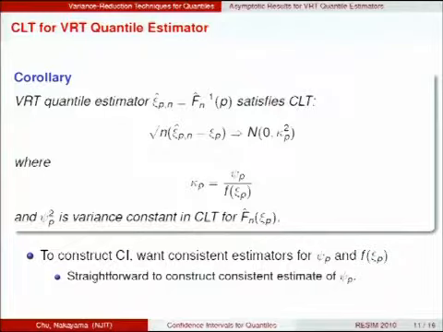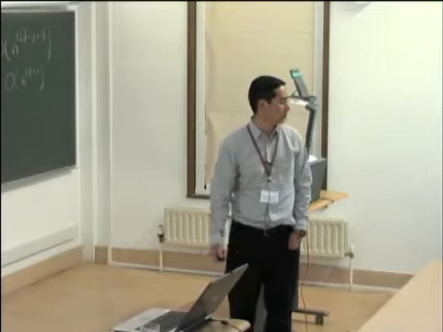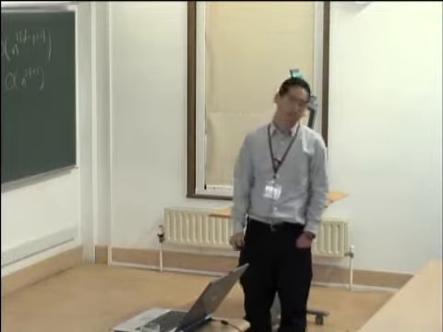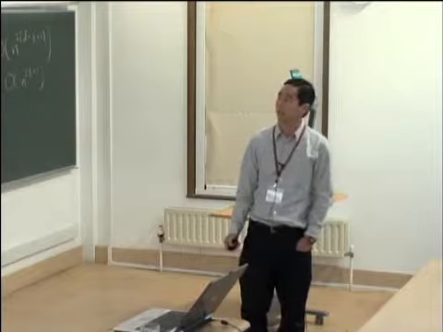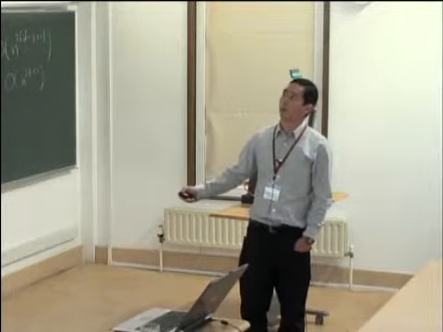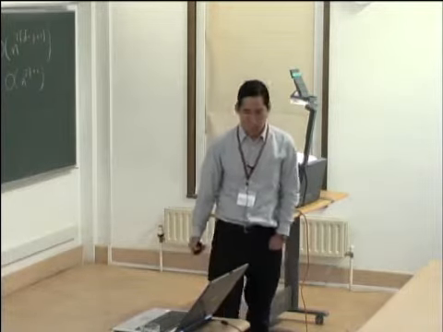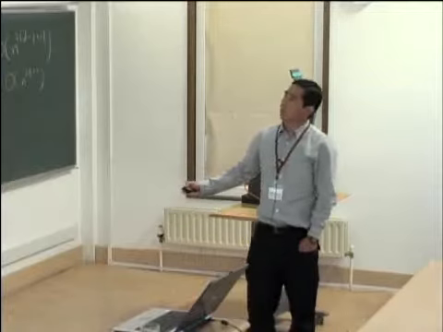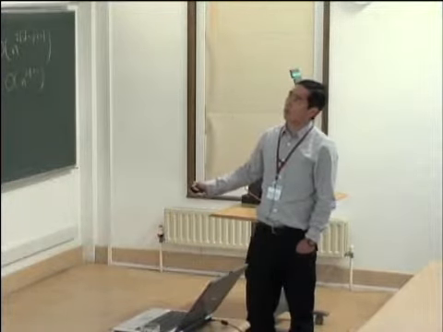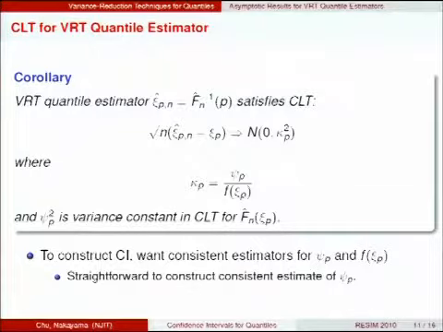Okay, as I mentioned before, one conclusion of a Bahadur representation is that the quantile estimator then satisfies a central limit theorem. So here's the central limit theorem that we have for the quantile estimator. This is a central limit theorem for basically any one of those variance reduction techniques that satisfy our three assumptions that we mentioned before. The central limit theorem for the quantile estimator has this variance constant kappa p squared, which has the following form.